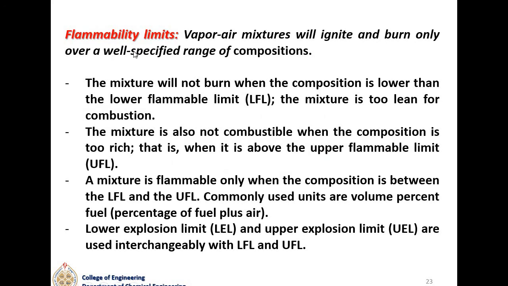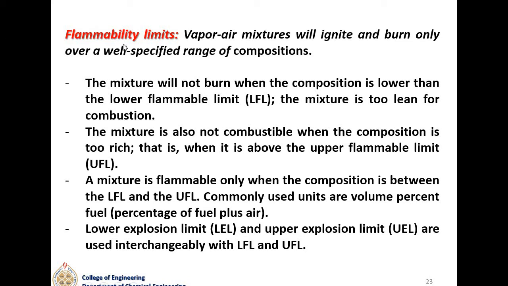Then what are the flammability limits? Again, I'm taking the definitions. We have taken the first part, the fire triangle, and then the second part, the difference between fires and explosions. Now we are taking the third part, knowing the definitions.